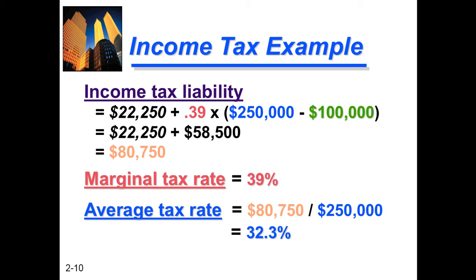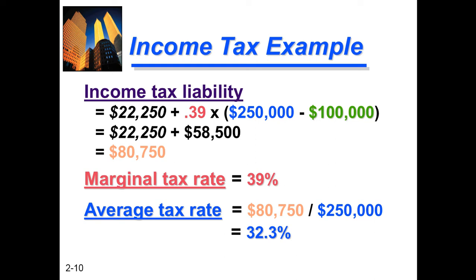So 1,50,000 multiplied by 0.39 becomes 58,500. So 22,250 was for the first 1 lakh, and 58,500 is for the remaining 1 lakh 50,000. We add both and it becomes 80,750. So the marginal tax rate is 39%, because in the first 1 lakh we have already applied the three lower tax rates. On the marginal 1,50,000 we apply the marginal rate, that is 39%.